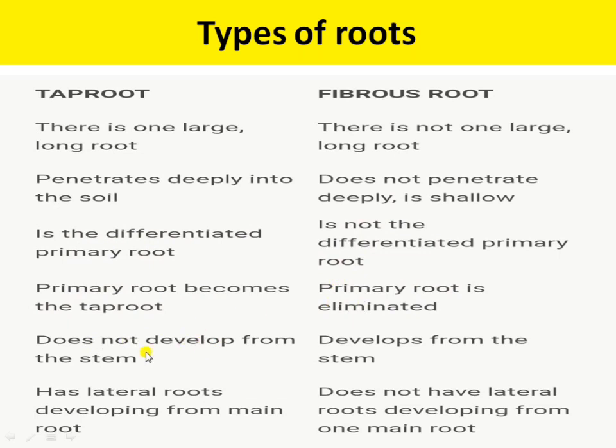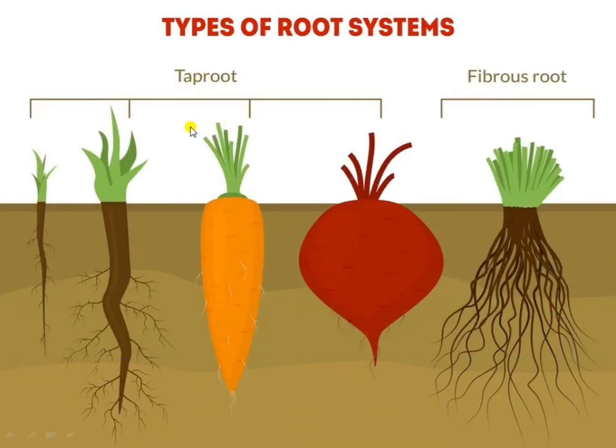Taproot doesn't develop from the stem. Fibrous roots are developed from the stem. Taproot has lateral roots developing from the main root, and in fibrous roots they do not have lateral roots developing from one main root. Here is the picture of types of root system.